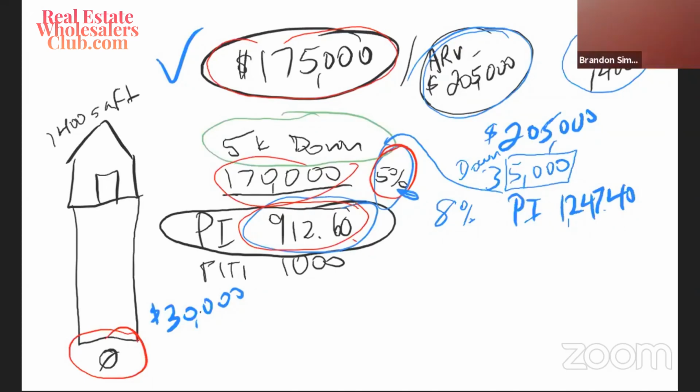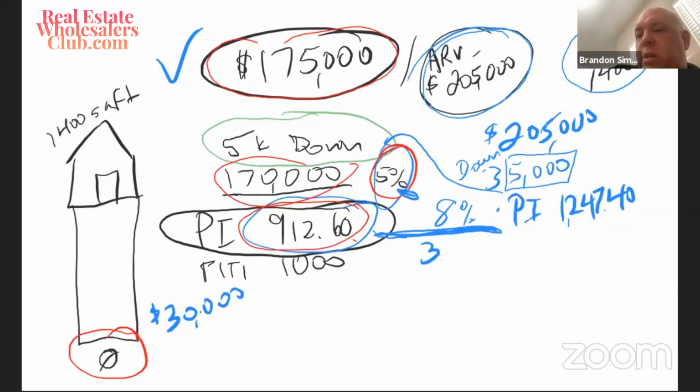Okay, so 1247. Now by the way, what's my cash flow on the monthly rent? There'd be the difference between that, so do 1247.40 minus 912.60.